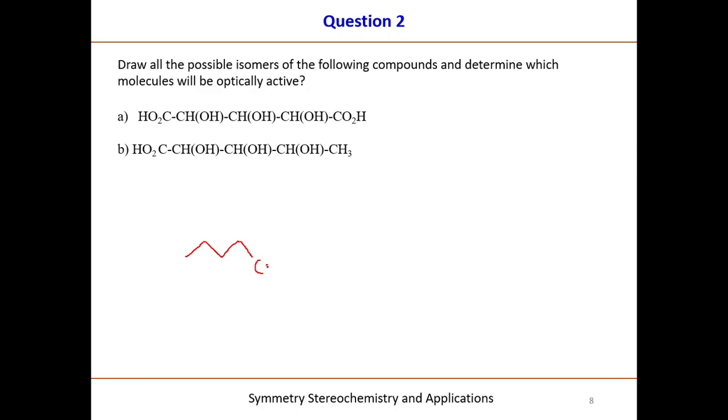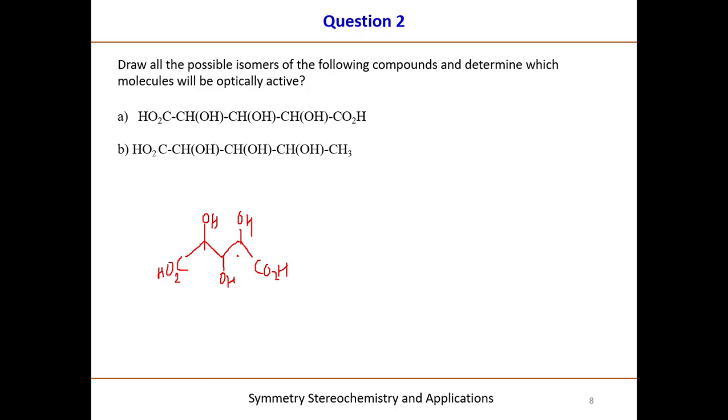And we have an acid group on the terminal carbons, both terminal carbons. And on all the remaining carbon atoms we have an OH group. Correct?